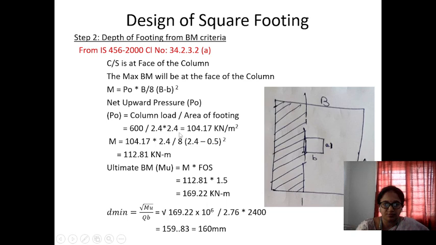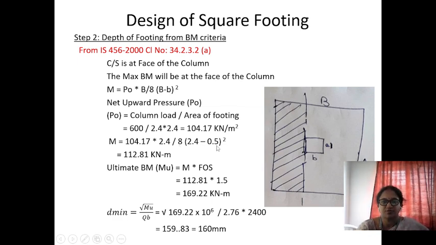So I got the net upward pressure as 104.17 kilonewton per meter square. With this value I have substituted in this formula. M is equal to 104.17 into width of the footing 2.4 divided by 8 into 2.4 minus width of the column, which is 500 mm, 0.5. With this I got the moment.